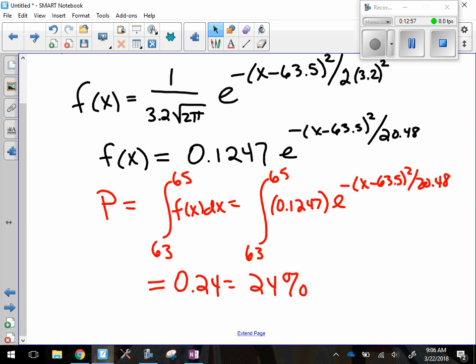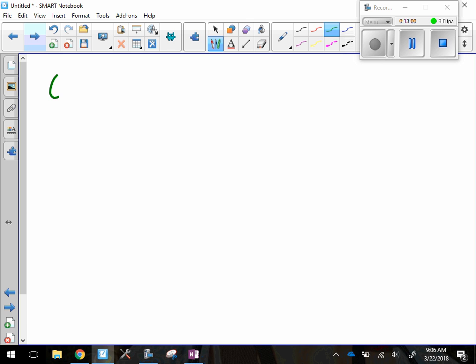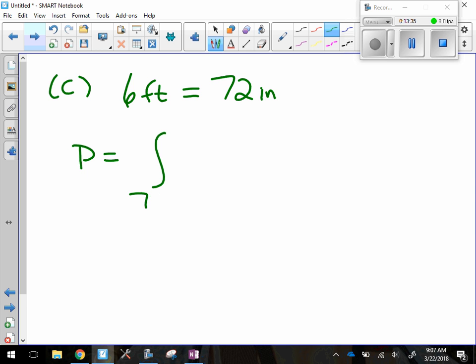Okay. All right. So part C then says what? What does part C ask us for? Taller than 6 feet. So what's the first thing you have to do? Okay, so how many inches are in 6 feet? Okay, so we've got 72 inches. But when I do my integral, I have to have an upper bound on my integral.